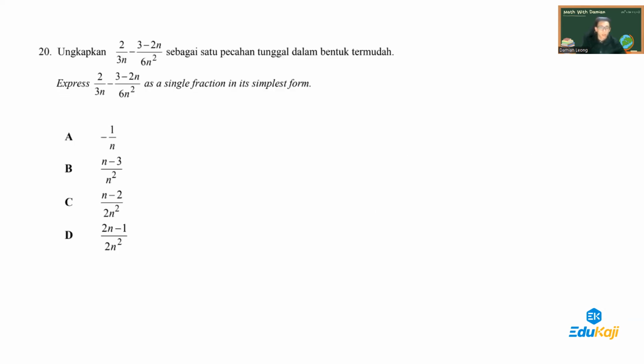Question 20. Express 2 over 3n minus 3 minus 2n over 6n square as a single fraction in its simplest form. First, we need the fractions to have the same denominator. So I need to change to 6n square, means I need to times 2n. So on top also times 2n. So it's 4n over 6n square minus 3 minus 2n over 6n square.